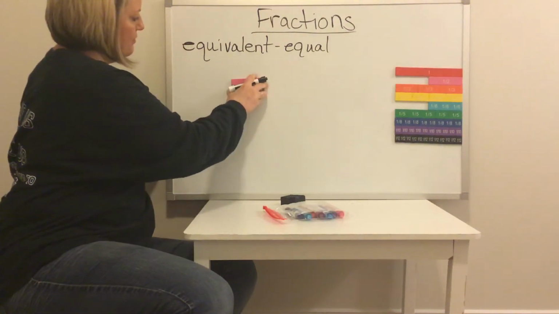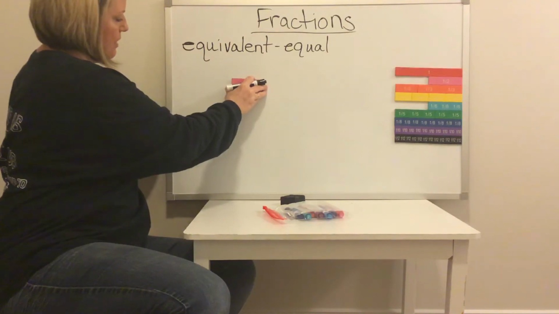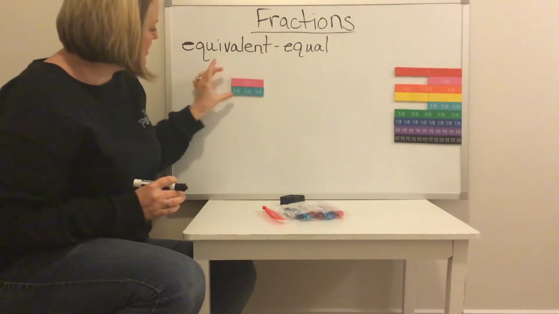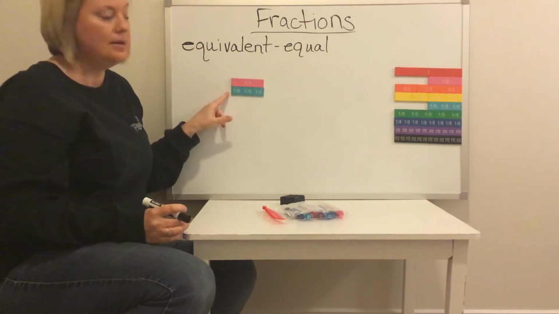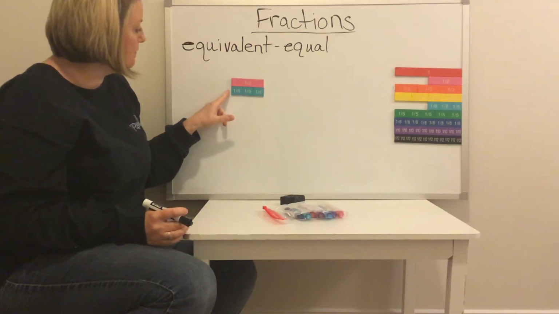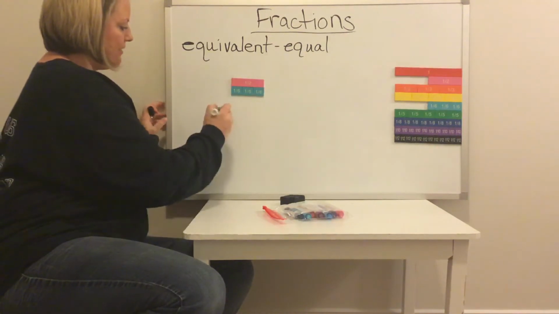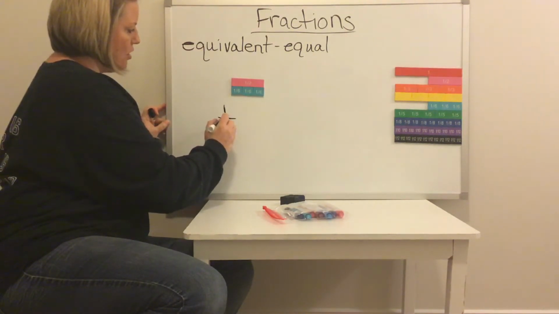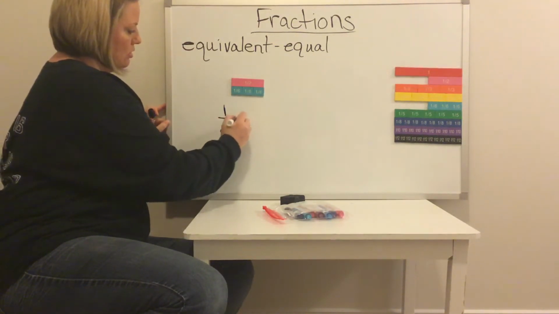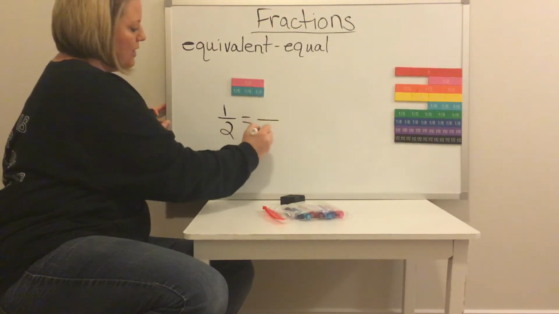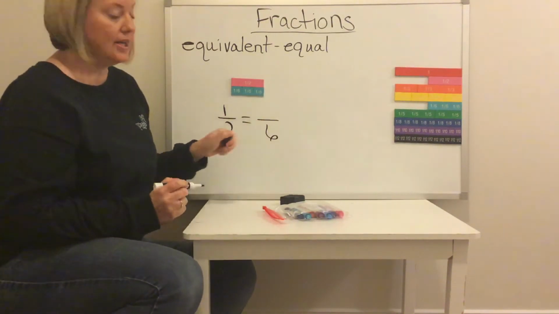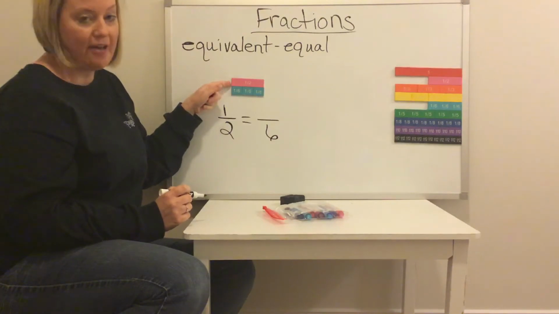We can see that my pink piece is the same size as my blue piece, all right? They are equivalent. Now, I might have to figure out how many sixths are equivalent to this 1/2 piece.